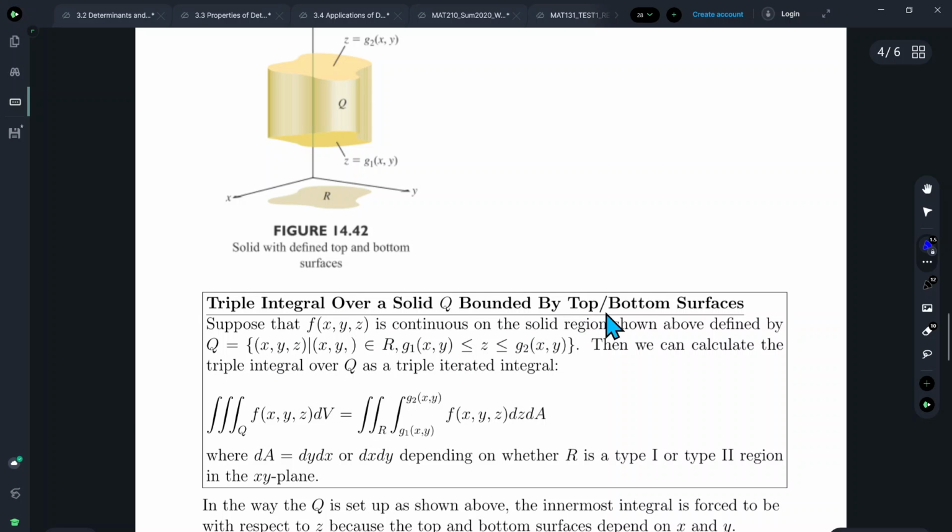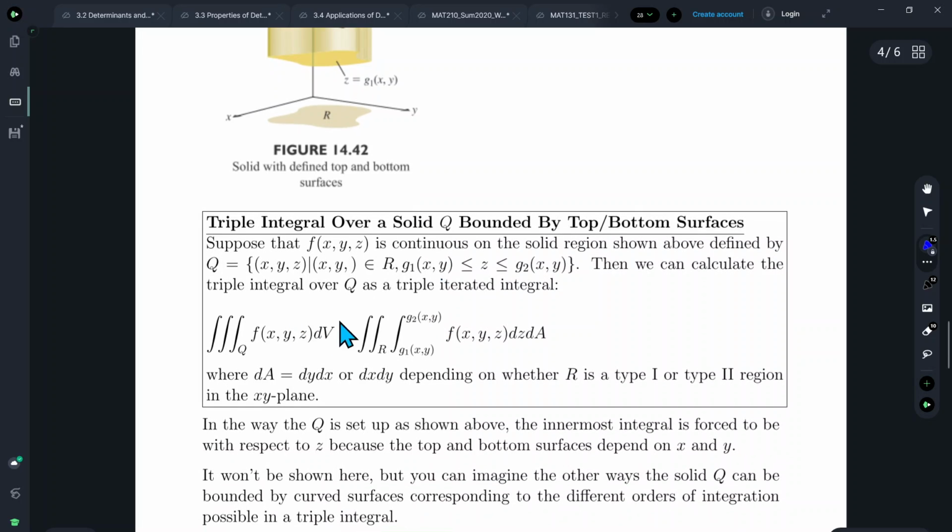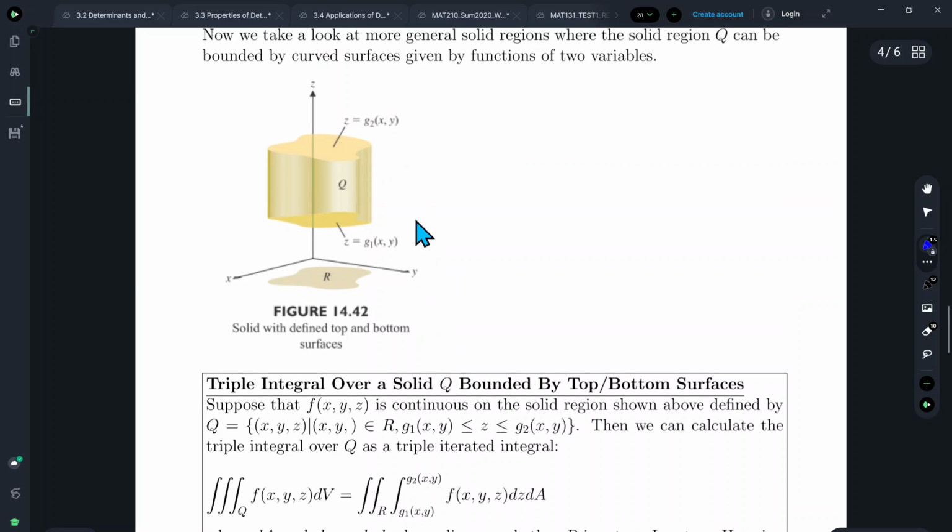So we're looking at a solid region where x and y is within the region R. That could be a type 1 or a type 2 region, and then z is bounded above and below by g2 and g1.